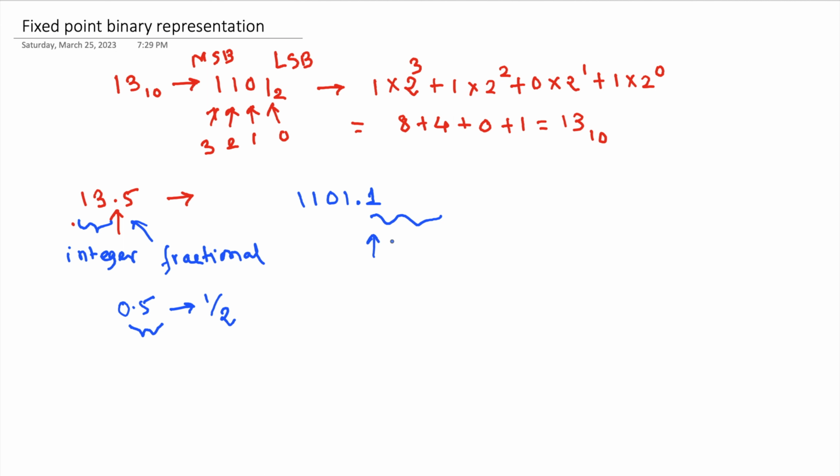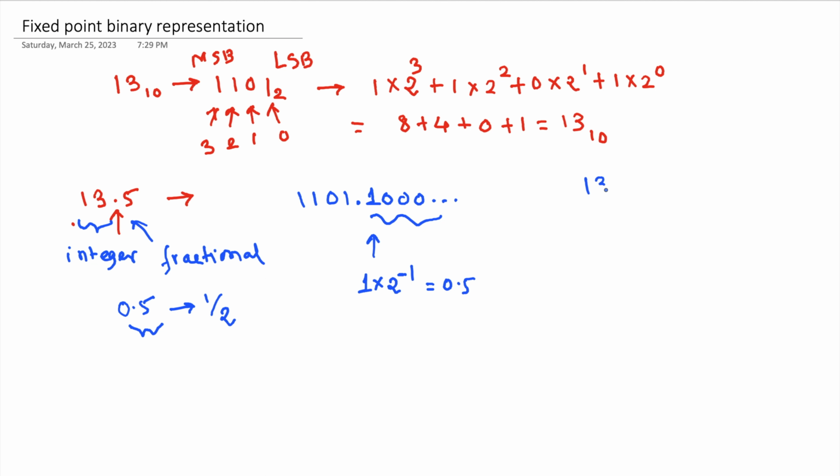We can verify that this is 1 into 2 raised to minus 1, which is 0.5, right? And it could be followed by 0, 0, or 0. It doesn't matter how many zeros we have here. So this is how we represent a binary number.